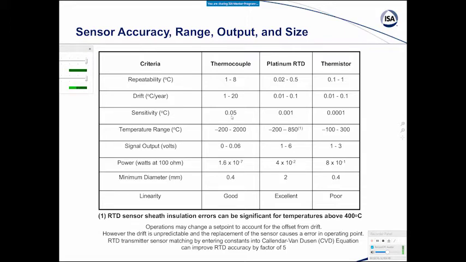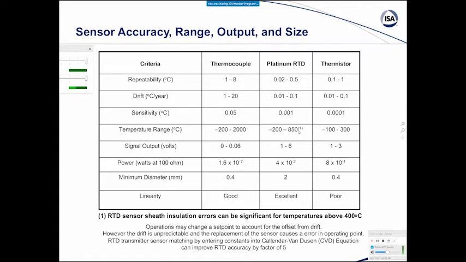Now look at the sensitivity. Sensitivity is good for the thermocouple, but how much better is it for the platinum? And here we see the advantage of a thermistor, incredible sensitivity. Now the benefit we get from the thermocouple here is in terms of temperature range, and it is huge, and we have to go with thermocouples for very high temperatures. The temperature range for RTDs these days is much higher than what I'm used to.